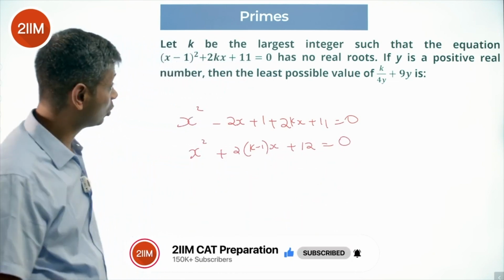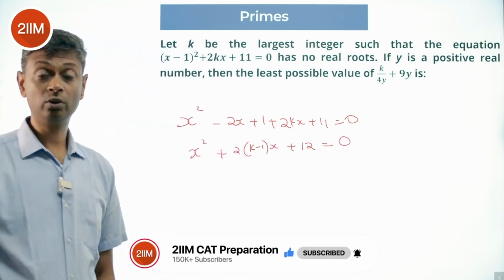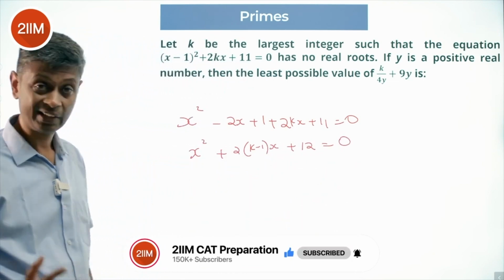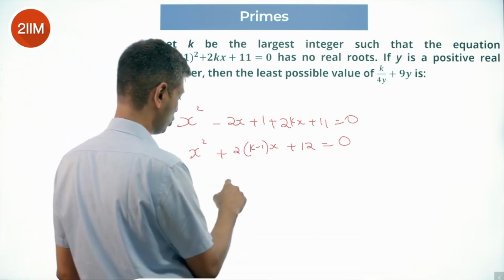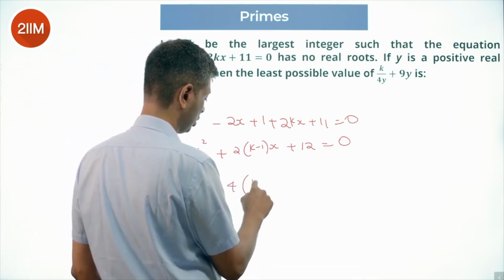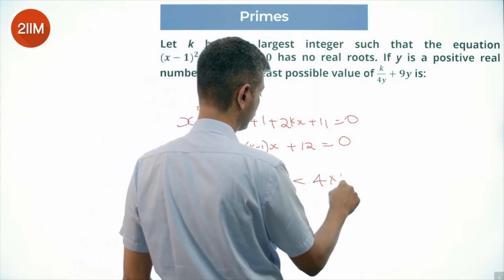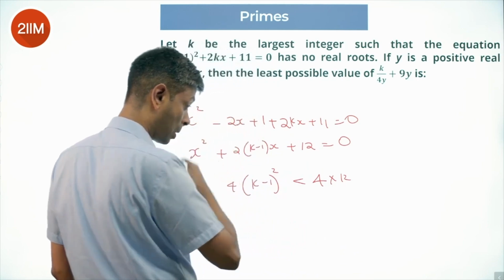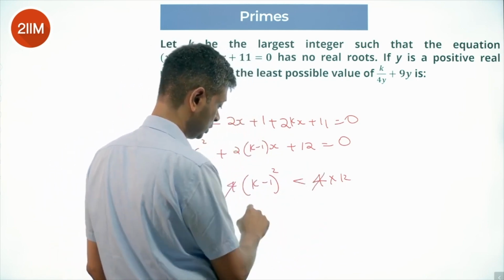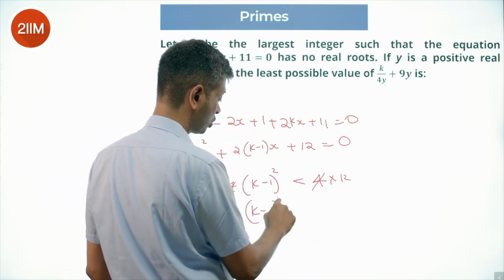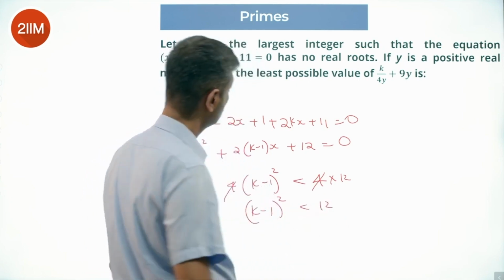This has no real roots, so discriminant is less than 0. B square minus 4ac is negative, or b square is less than 4ac. 4 times (k minus 1) whole square is less than 4 times 12. (k minus 1) whole square is less than 12.